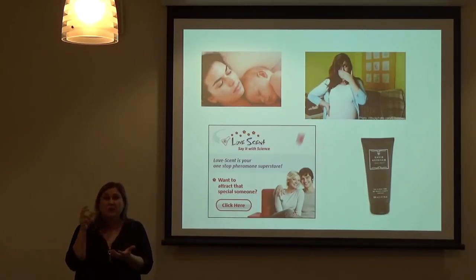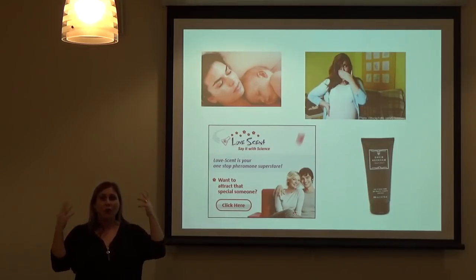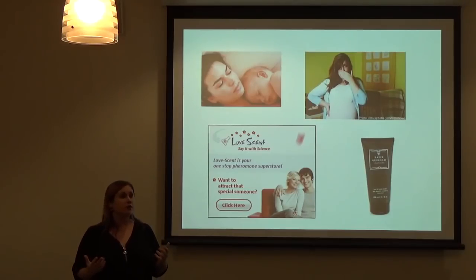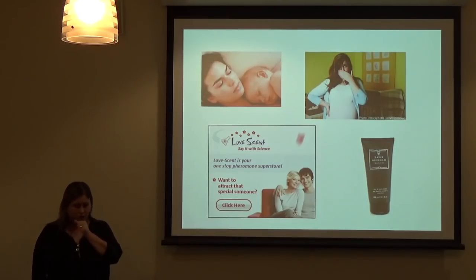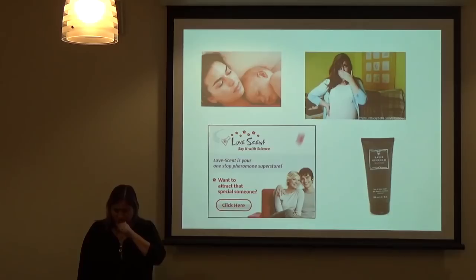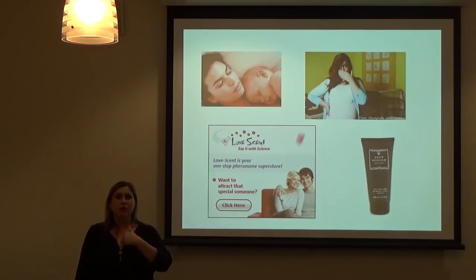Now, are we using our VNO? That we don't know. Or is it just that we're using the rest of our smell equipment, the other 350 receptors? Do they interact with pheromones? We're not really sure. But what we do know is that things like your menstrual cycle affect your sense of smell and how you process smells.